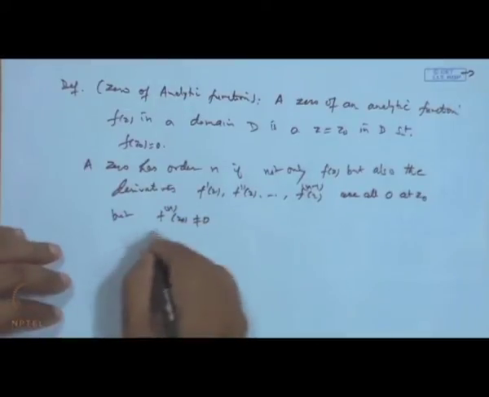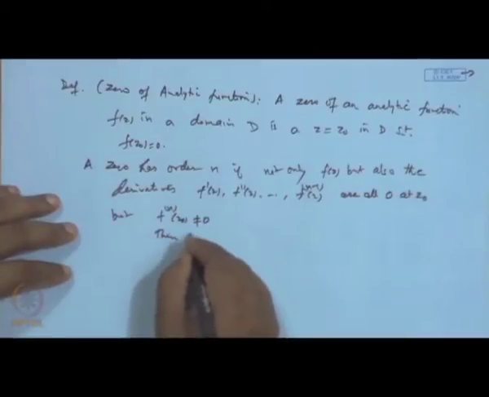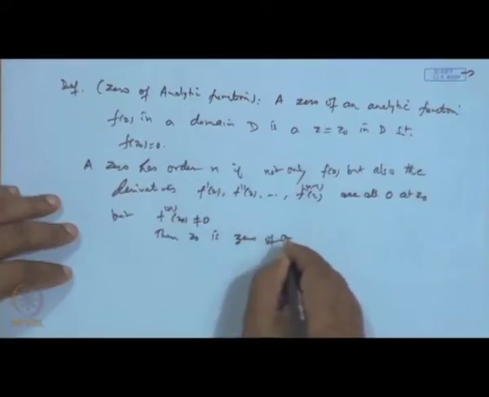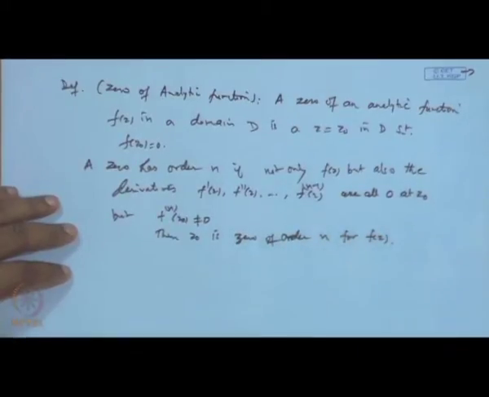Then we say z naught is a zero of order n for the function f(z). Clear? So this is also a concept which we require.